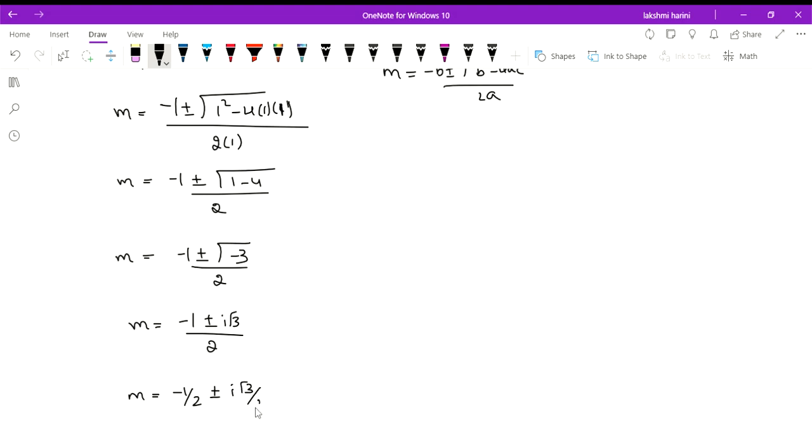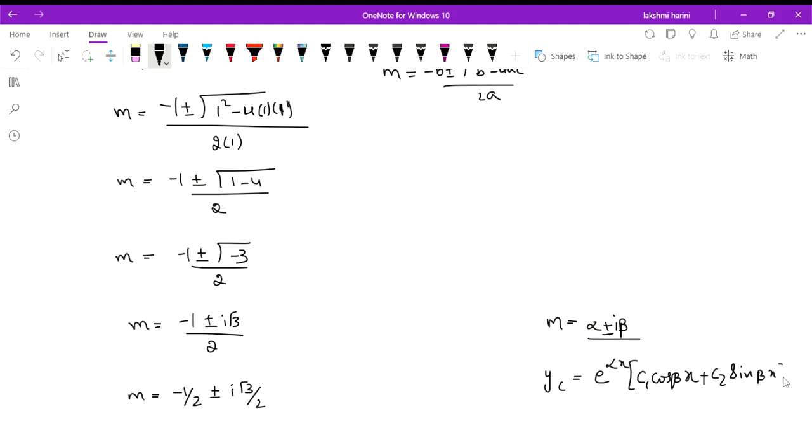Now this is in the form m is equal to alpha plus or minus i beta. Whenever the roots are complex, we write yc is equal to e power alpha x into (c1 cos beta x plus c2 sin beta x). We have to apply this formula.